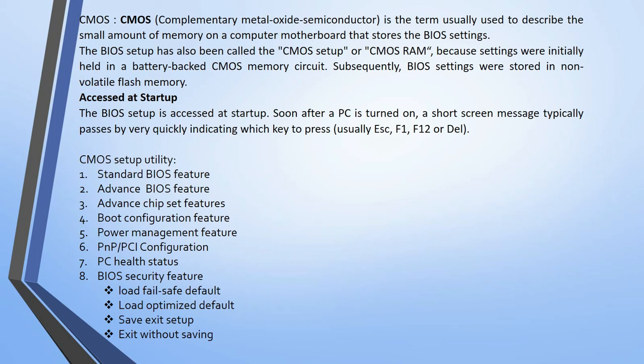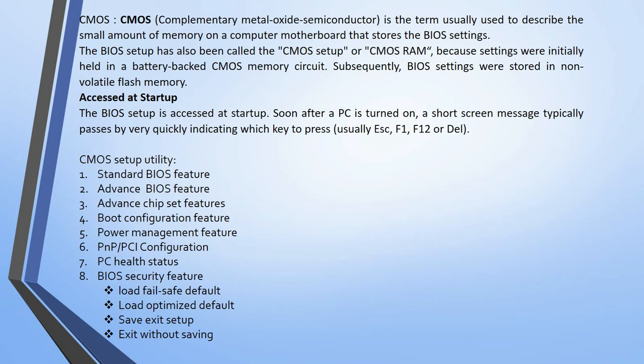You have to press any one of these keys as per the brand of your system. When you press it, you will be moved to the CMOS setup or the BIOS setup, and inside it you will get this information: standard BIOS features, advanced BIOS features, advanced chipset features, boot configuration features, power management features, PNP or PCI configuration, PC health status, and BIOS security features.